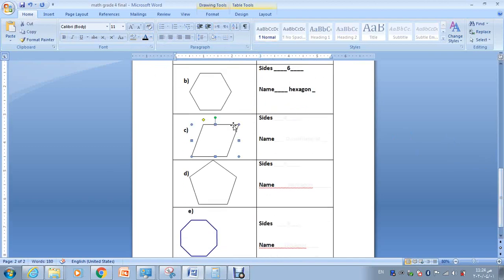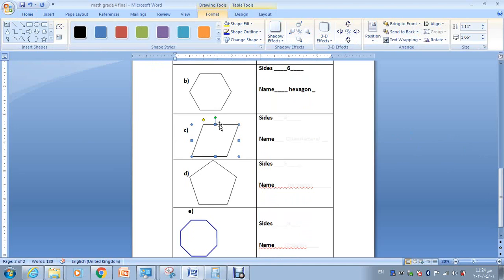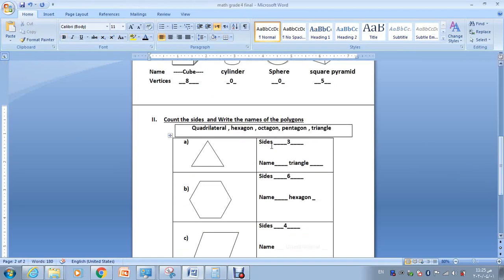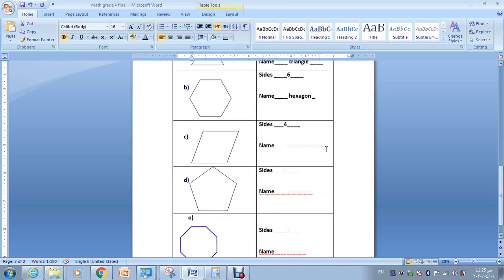Let's count the next one. 1, 2, 3, 4. So we have 4 sides, right? And we said that the word quadri means 4. So quadrilateral is the 4-sided polygon.